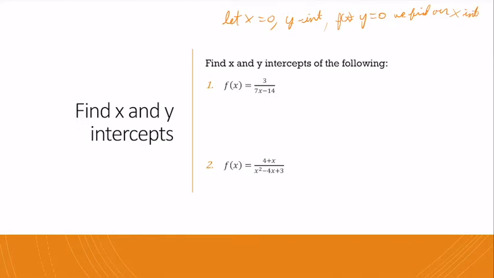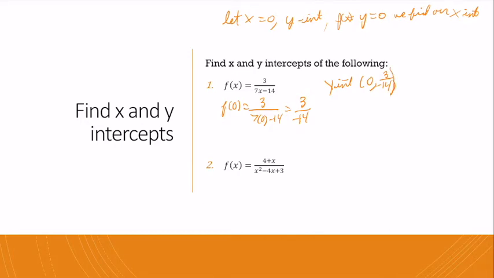So let's go ahead and let x equal 0. If I have f of 0 equals 3 over 7 times 0 minus 14, I get 3 over negative 14. So my y-intercept is when x is 0 and y is 3 over negative 14.